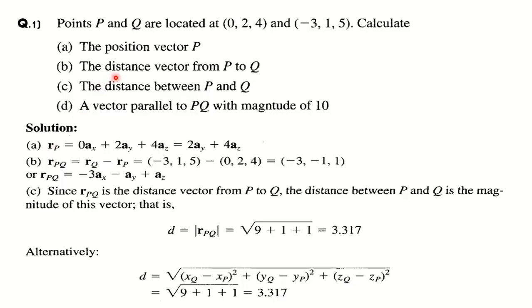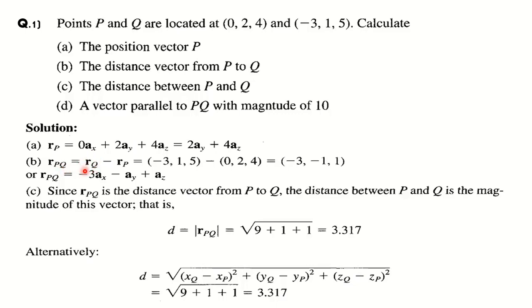Now the second question is the distance vector from P to Q, meaning it is asked to calculate the vector PQ. Our source point is point P and destination point is point Q. So we have to subtract source from the destination.